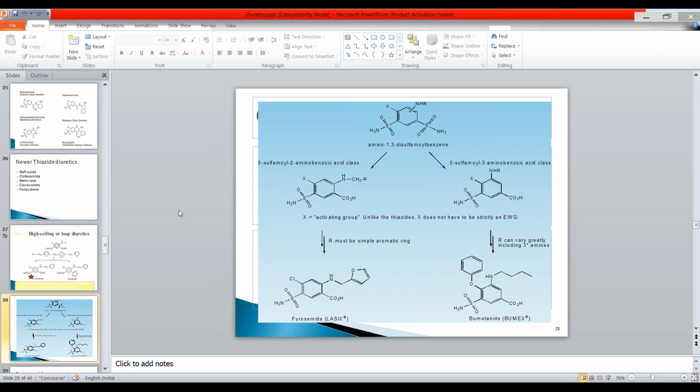This class of diuretics have diverse chemical structures.